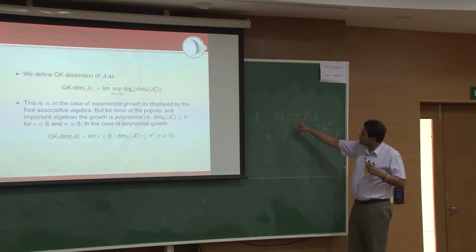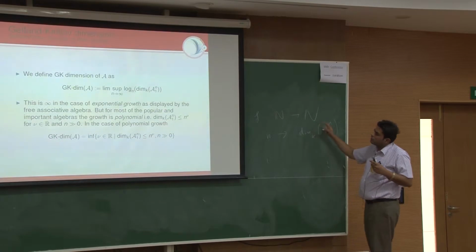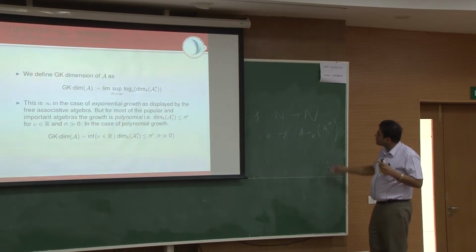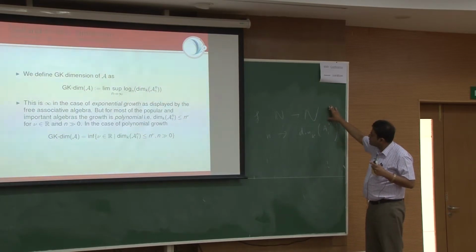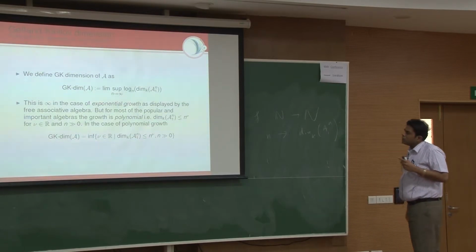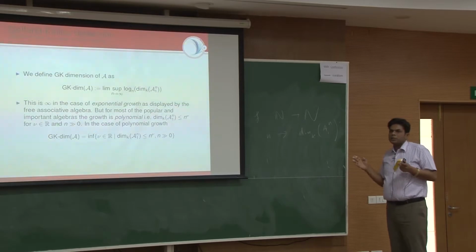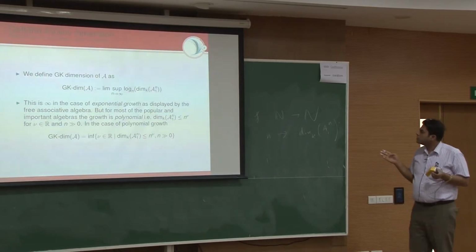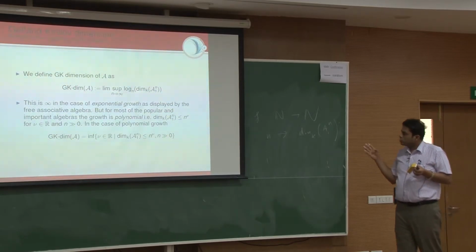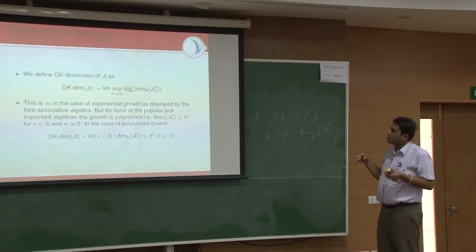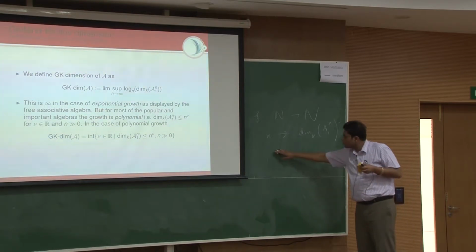So for such functions, we can consider what is the growth rate, and to facilitate this, we can define an equivalence relation to group together those functions which have the same growth.